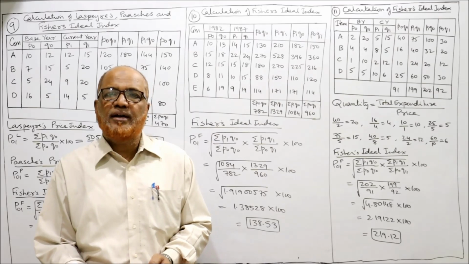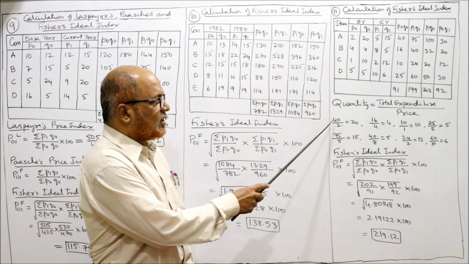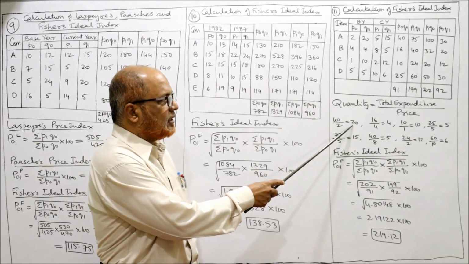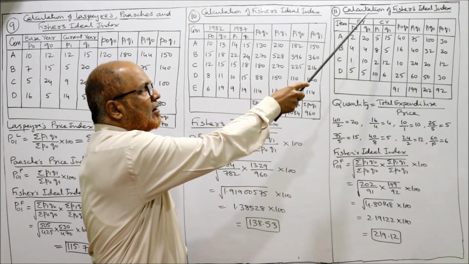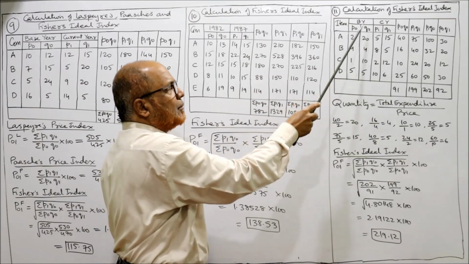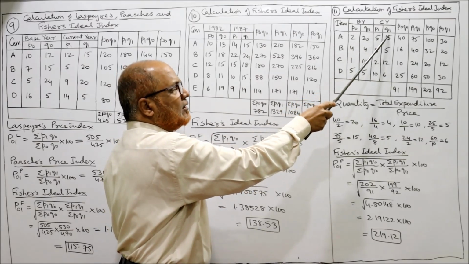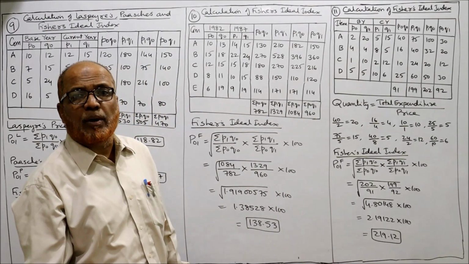So 40 divided by 2 is 20. So 20 is the quantity. This is the quantity. Here I have written. So I have prepared the table. Calculation of Fisher's ideal index number, item ABCD, base year, current year, PO, QO, P1, Q1. Right? Now these values are not directly given in the problem.